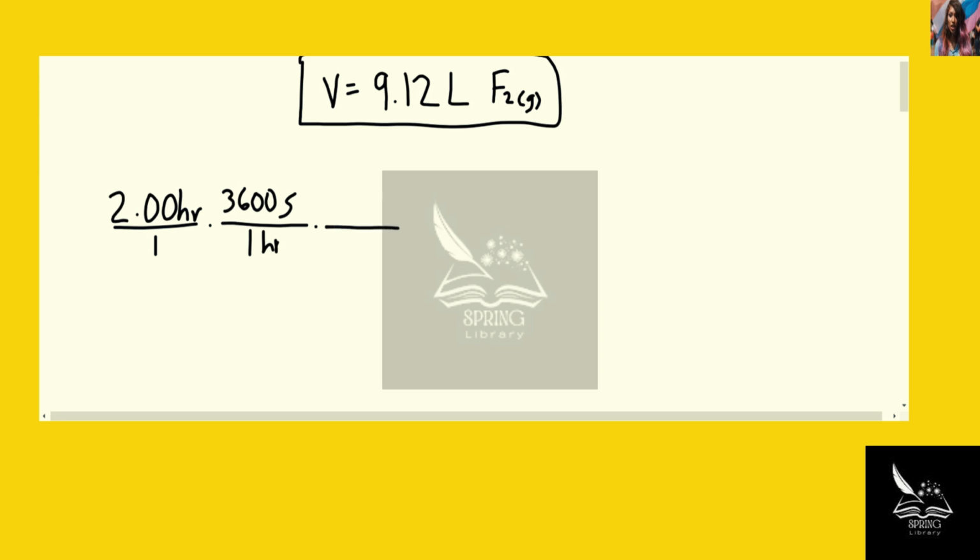And again, the current was 10 amps, so 10 coulombs per second. Faraday's constant is 96,485 coulombs per mole of electrons.